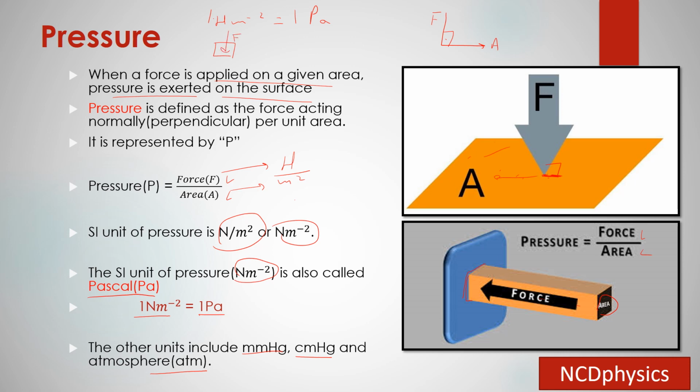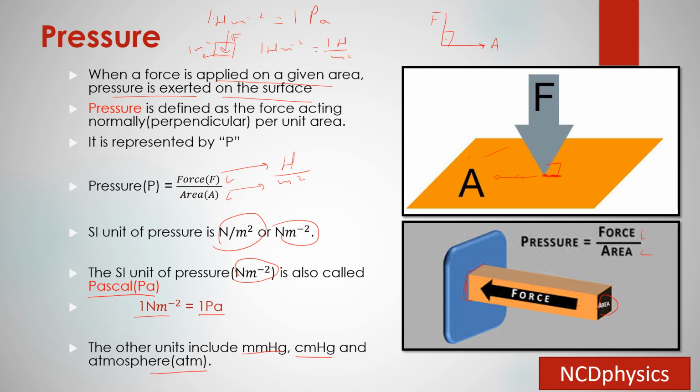The meaning of 1 Newton per meter square is that on the unit area, 1 Newton of force is acting. Let's suppose this is a 1 meter square area. It means that 1 Newton force is acting on it.